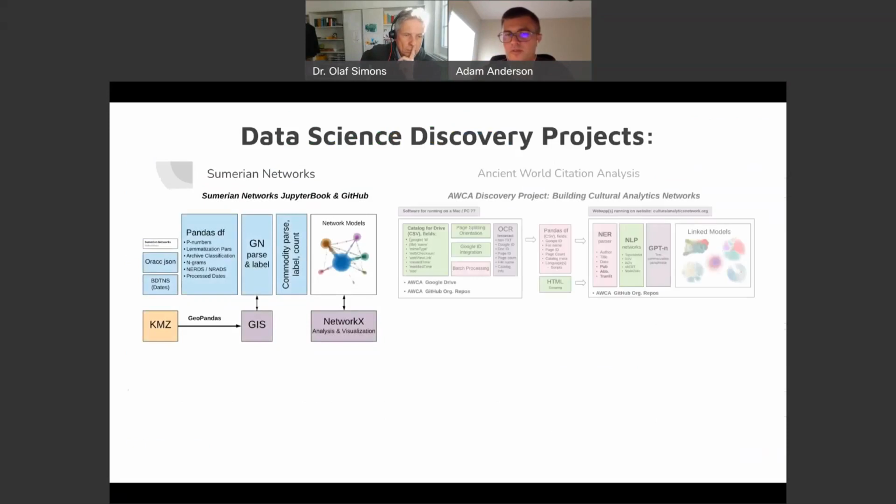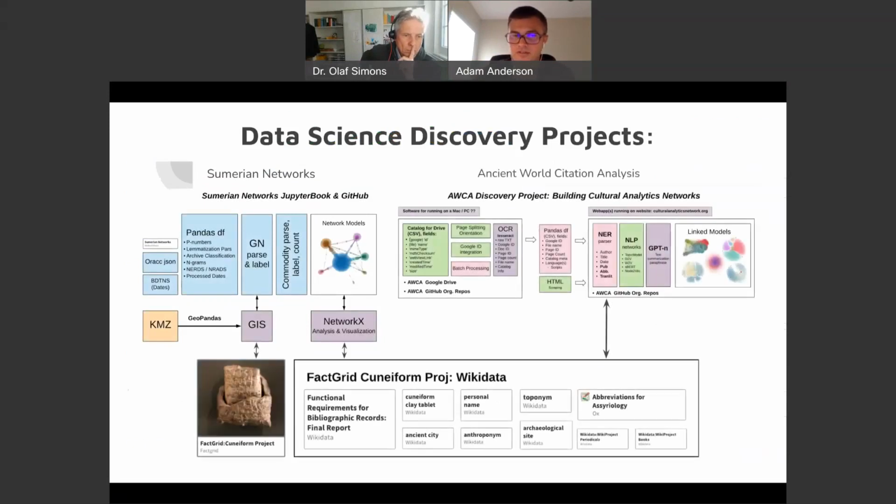So the discovery projects are helping us build pipelines into FactGrid, and those include the Sumerian networks that I mentioned here, along with bibliographic data that corresponds to publications that have been made for the last couple of centuries around these tablets.